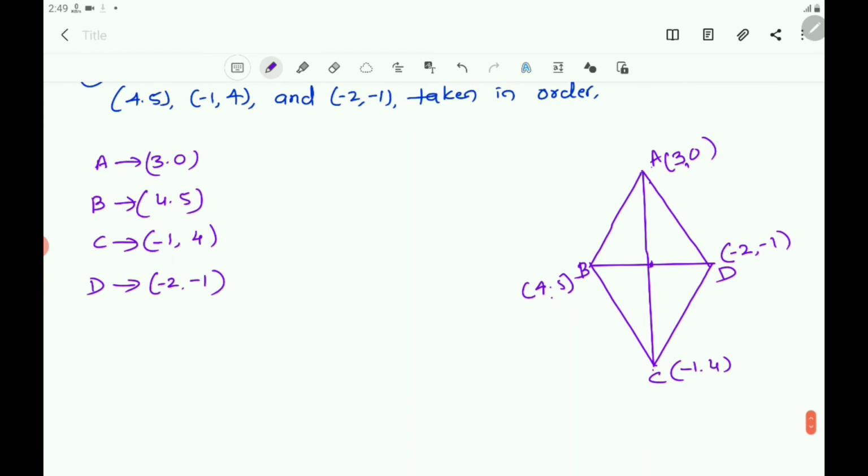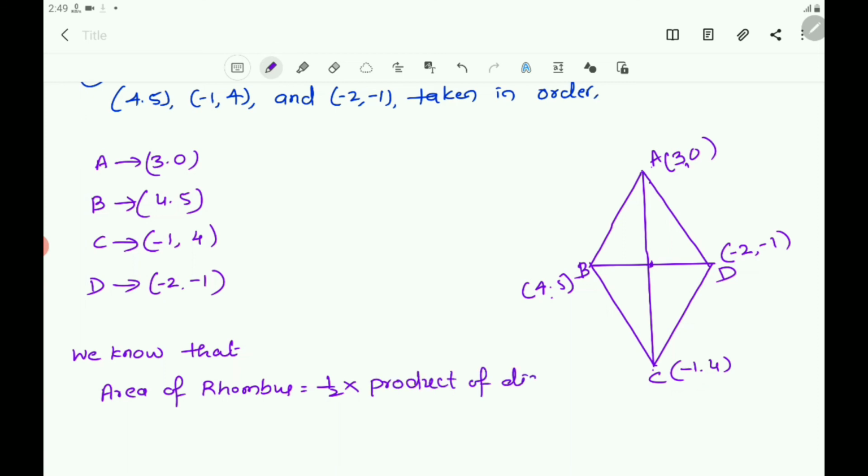Then here we know that the area of a rhombus equals half into diagonal 1 into diagonal 2, half into d1 into d2, or half into the product of diagonals.